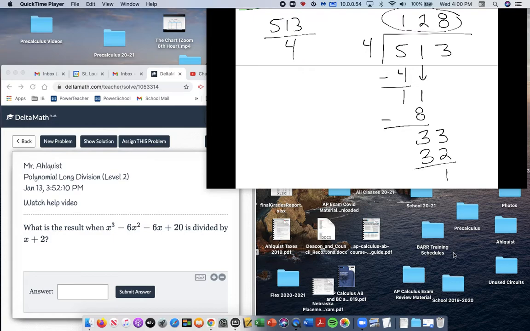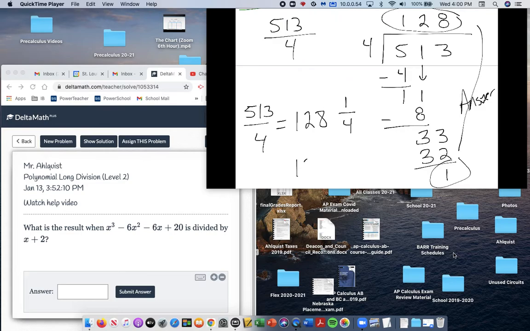So this is our answer now. And so 513 divided by 4 is the same as 128 and there's 1/4 left over. So that's another way we can do that. And if you did it on a calculator, you get 128.25, and that's the answer.